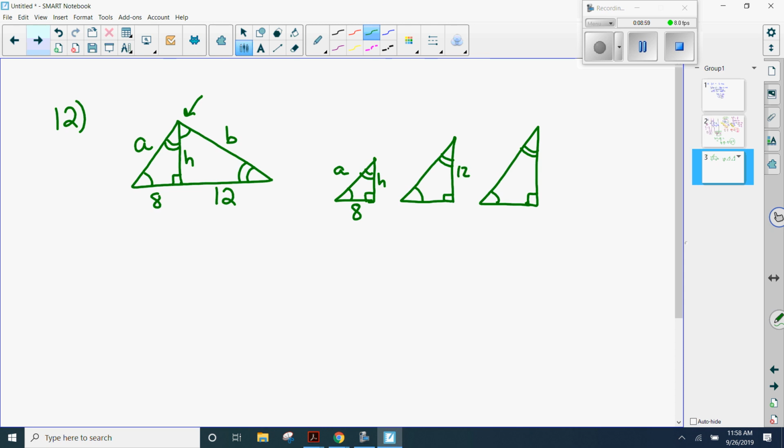Between the right and the single tick mark is H, and your hypotenuse is B. Now in your large triangle, I'm not worried about these marks as individual small triangle angles. Here's your 90-degree angle. Between the single and the 90-degree angle is A. Between the double and the 90-degree angle is B. And your hypotenuse is 20.